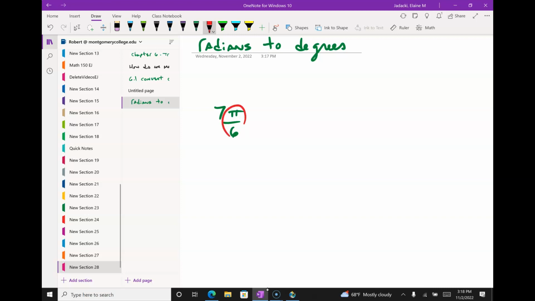I'm going to cut pi into 6, so I'm cutting the top half into 6. The whole thing is 2 pi, so cutting pi into 6 is the same as cutting the whole circle into 12.